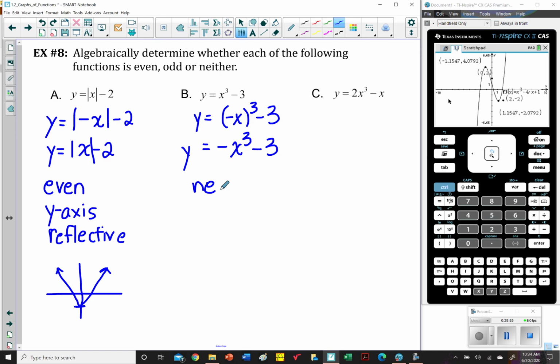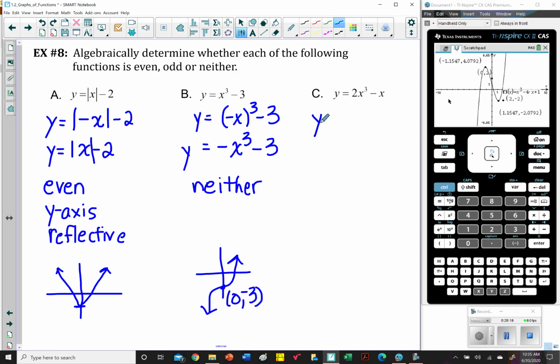So this is neither even nor odd. In fact, the graph x cubed minus 3 would be that serpentine graph, shifted downward 3 places. It has rotational symmetry, but that symmetry is about the point 0, negative 3. It's not even and it's not odd.